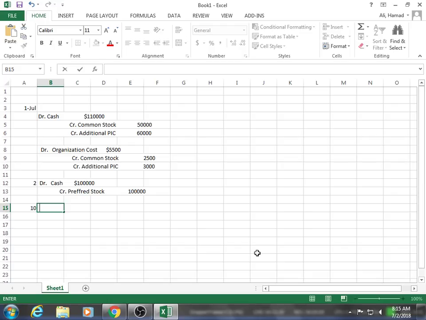So what do we debit in this case? What are we getting? The land. So we debit the land for $30,000.